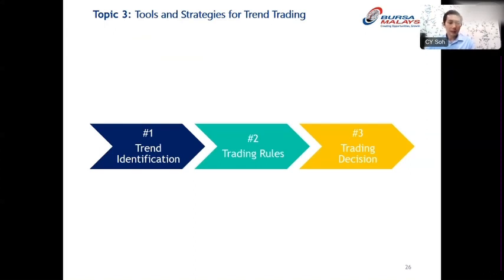Now, trend trading or whatever trading you're doing, it can follow this general framework with only 3 simple steps, right? Whichever time frame that you use, short term, medium, or even long term, we follow these 3 steps. So step number 1, trend identification. When you look at the market, first thing you want to identify your trend first.